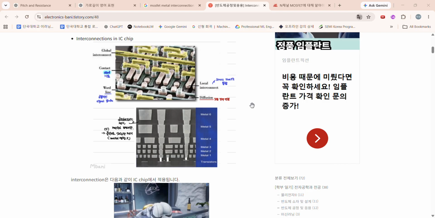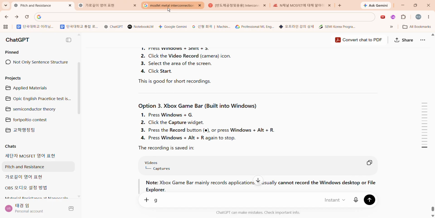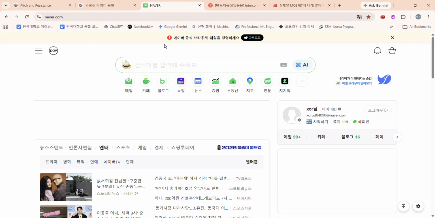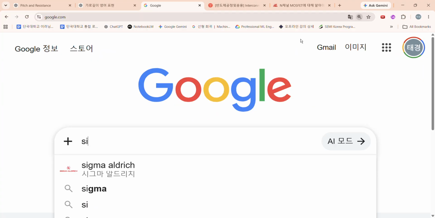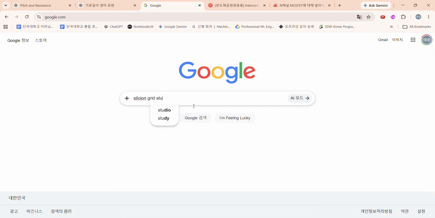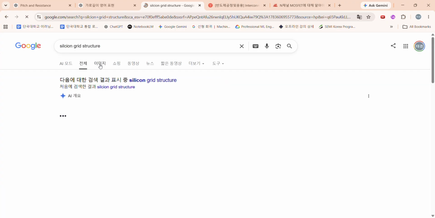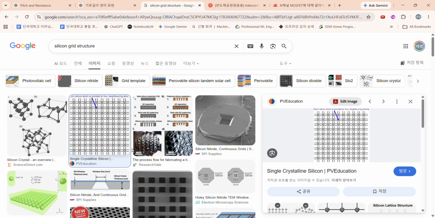But copper's mean free path is very long. Mean free path means, in a material there are a lot of atoms.